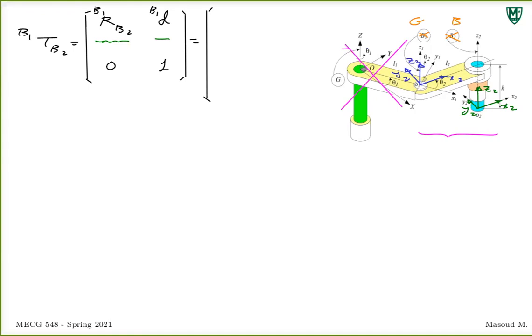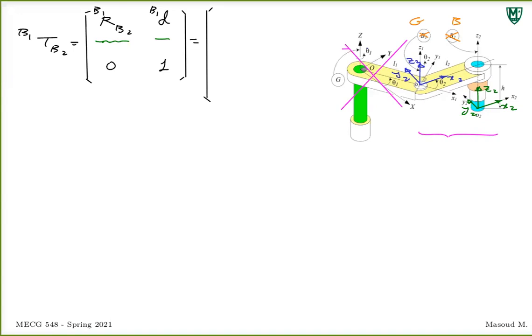It rotates in positive theta 2 amount. So x2 goes in that direction. As a result, y2 rotates theta 2 amount. z2 still stays the same direction as z1. This is theta 2 amount along the z-axis. This is our rotation.